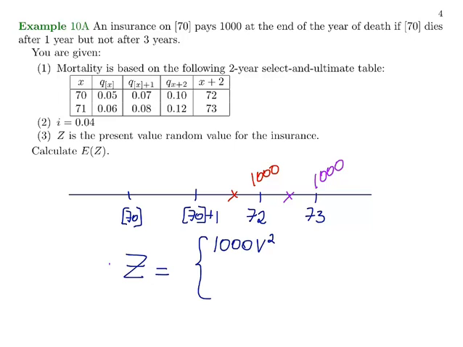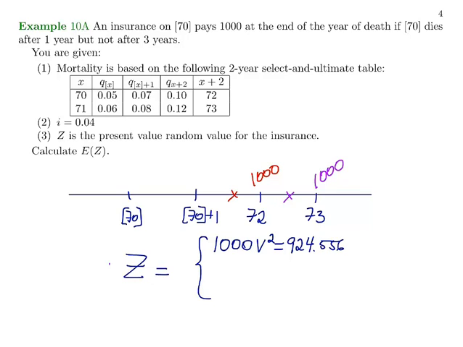We're given a rate of interest of 4%, so we can compute this quantity, and it turns out to be 924.556.